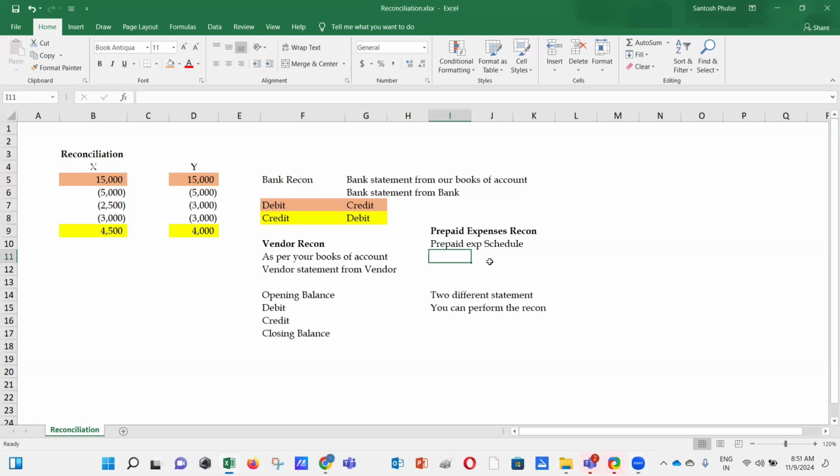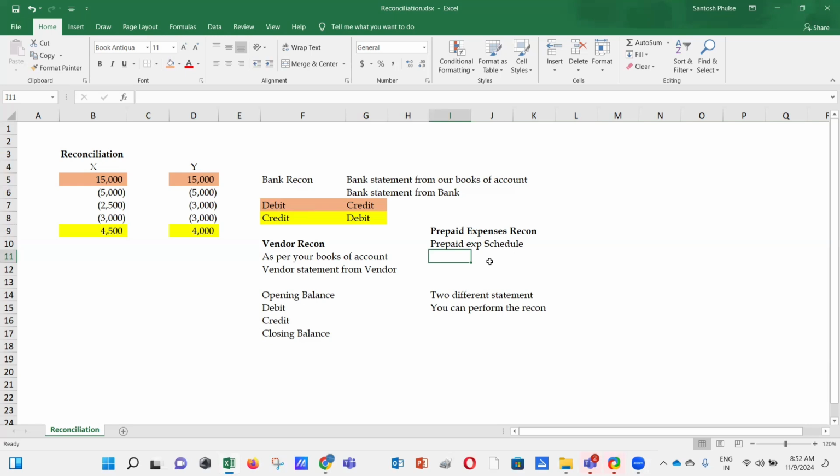If the prepaid expense is 60,000, we have to expense off 60,000 for October. And if you have booked 65,000, on what basis have we done that? What's the reason for that? What's the backup for that? So we need to check all these things and see how and why. That's important. So we need to do the reconciliations for that.